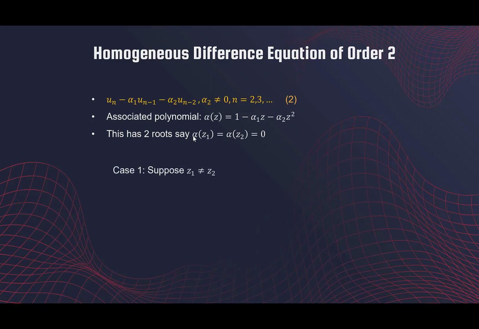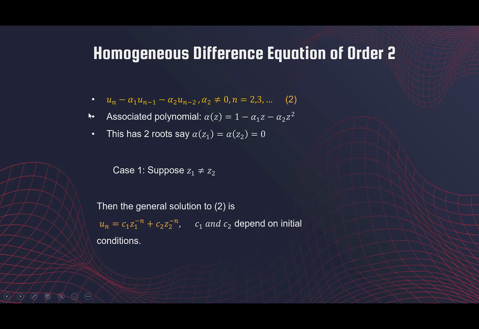Now there are 2 possible cases: z1 and z2 are either equal or they're not equal, right? So suppose they're not equal to each other, that is, the roots are distinct. Then I'm giving you the formula here that the general solution has this particular form.